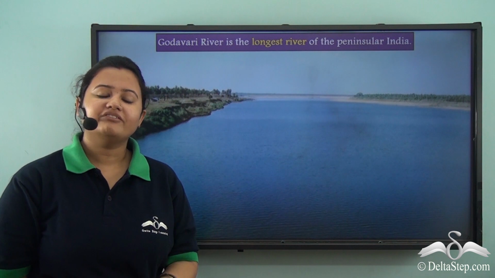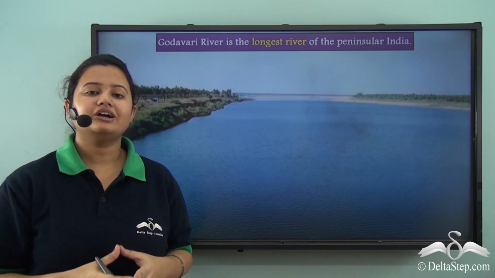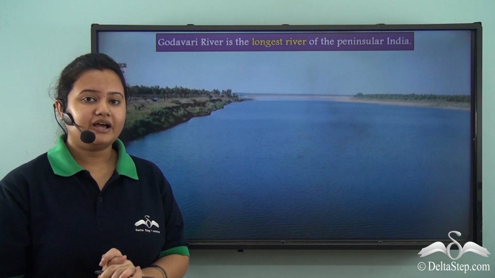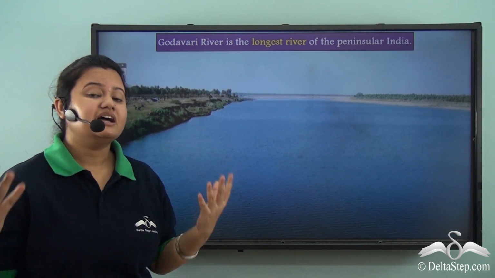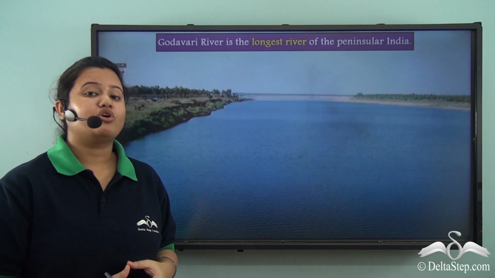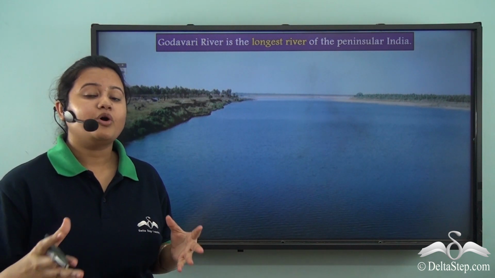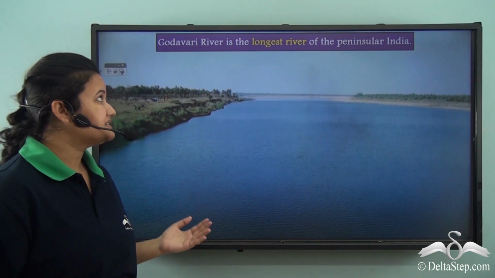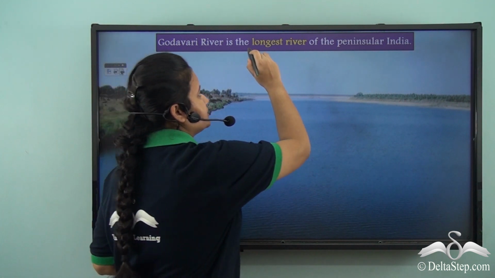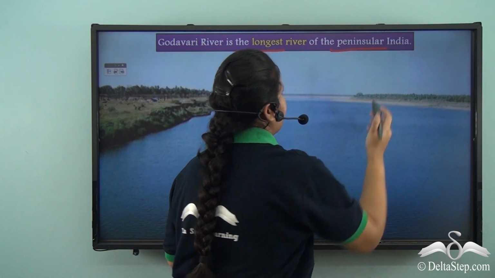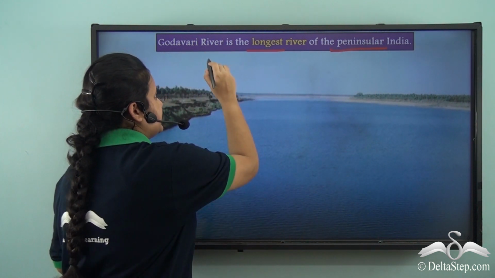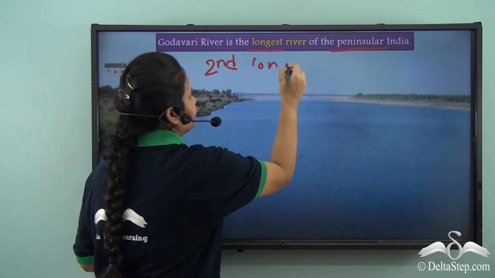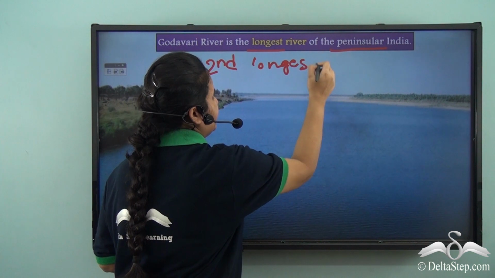Well, river Godavari is known as Dakshin Ganga because among all the rivers that flow in Deccan Plateau, river Godavari is the largest one in terms of its length, volume or water holding capacity and catchment area. Thus, river Godavari is the longest river of peninsular India. In fact, it is the second longest river in India.